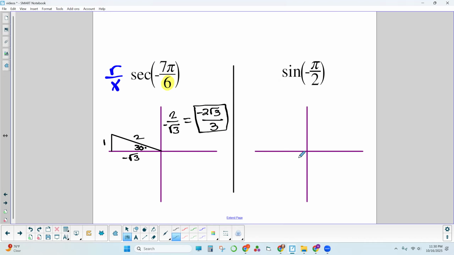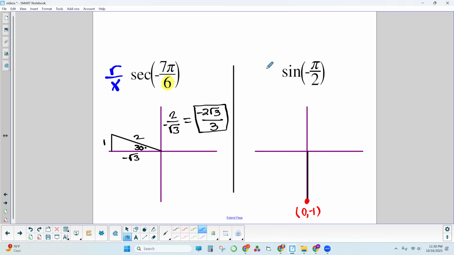All right, let's go to the next one. Sine at negative pi over 2. Again, we are measuring in a negative direction, and pi over 2 is straight down here. This is what we call a quadrantal angle, which falls on the y-axis. Since my radius is 1, the coordinate right there is 0, negative 1.